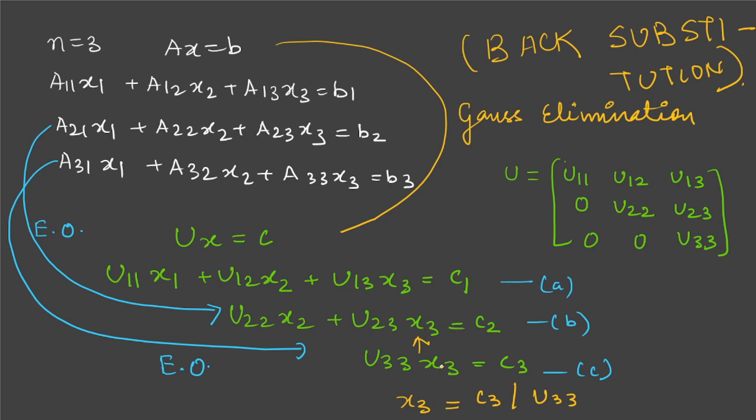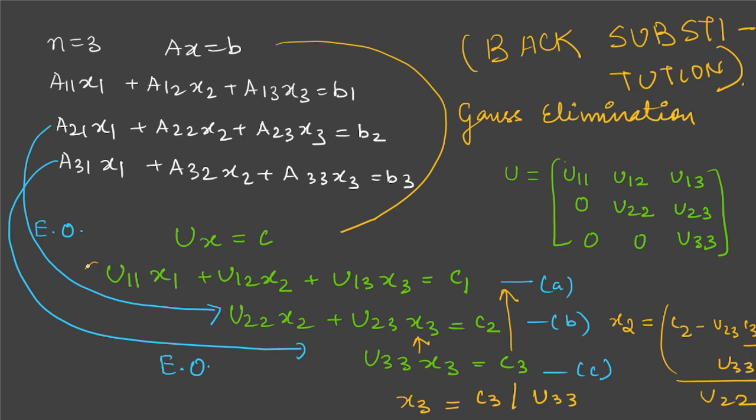Because now we evaluated x3, and from this equation we can evaluate x2. How? C2 minus u23 times the value of x3, which is c3 by u33, and divide the whole thing by u22. So you are going in a backward direction; that is why it is called back substitution. You are substituting the values in the backward direction to find the rest of the unknowns.